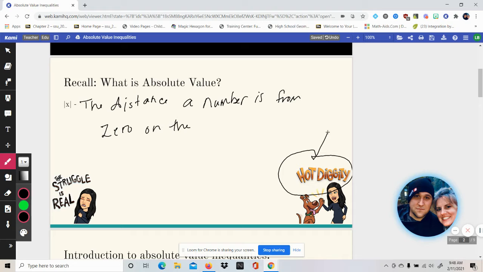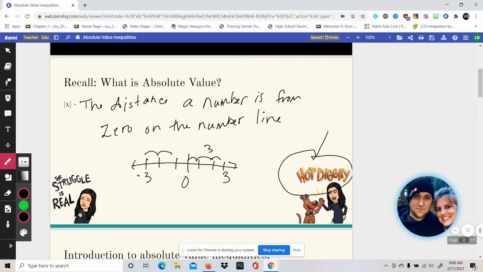And think about when we're talking about distance. When you're talking about distance, you never say I'm going to travel -3 miles. So if I'm looking at the distance that -3 is from zero on the number line, we've got -2, -1, 0, 1, 2, 3, or the distance that 3 is. They're both just 3 units away.